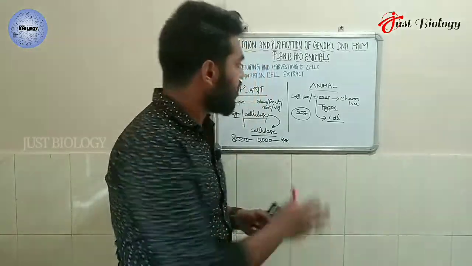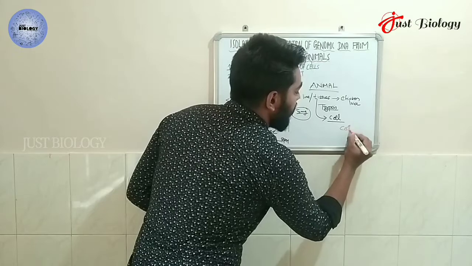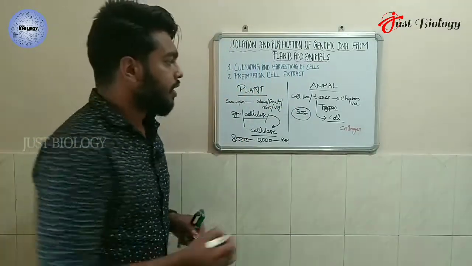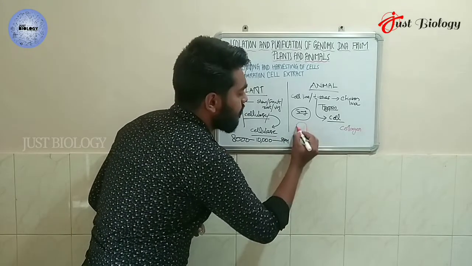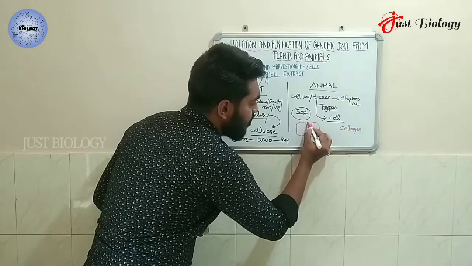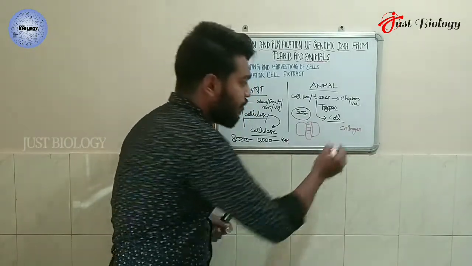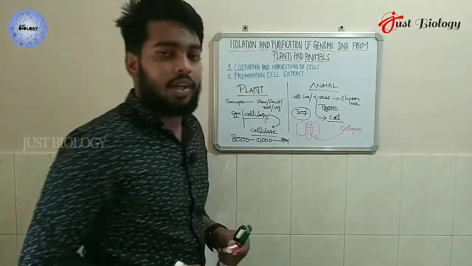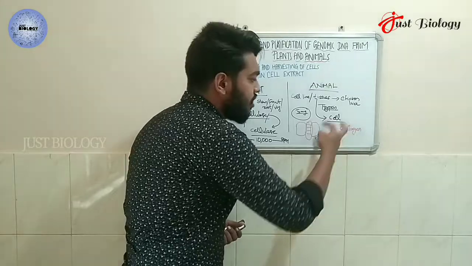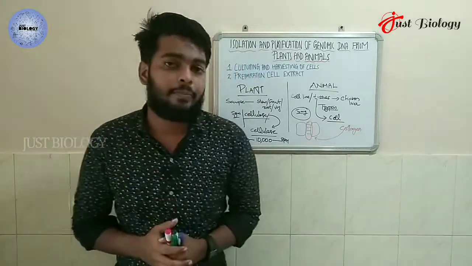For example, collagen is an example of ECM. If you look at two cells, the bond between them is that they are embedded in each other with collagen. If we break or remove this collagen, we will get individual cells. So that is the idea.